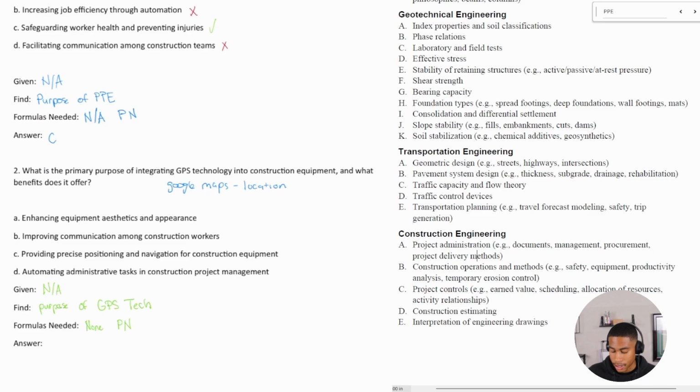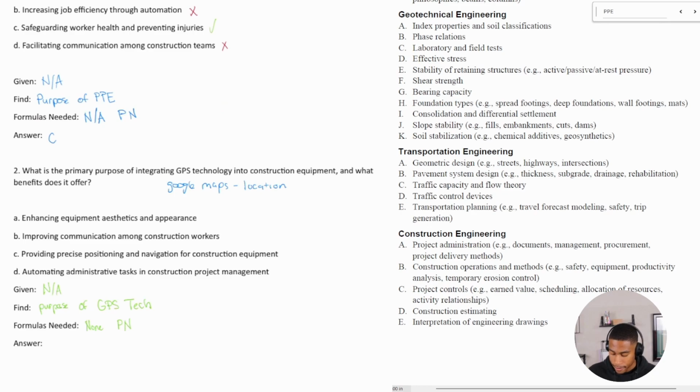So GPS technology in construction works the same way, except it's used in construction equipment. For example, if you're trying to load or know where to put certain materials, based on some of those construction equipment, you have to use that GPS to know where to place it and where to put your points.